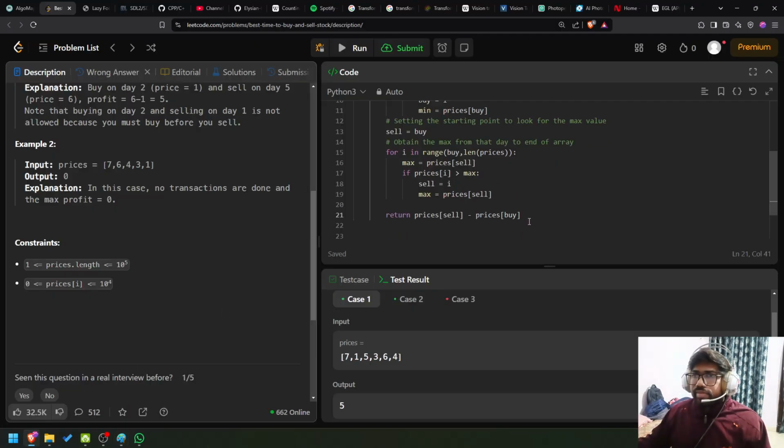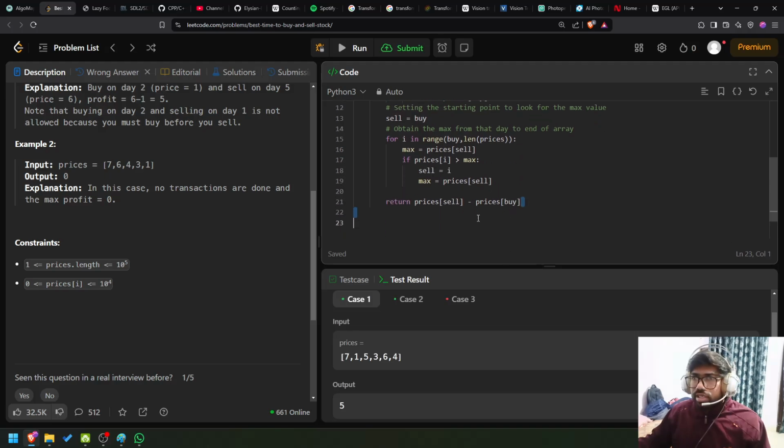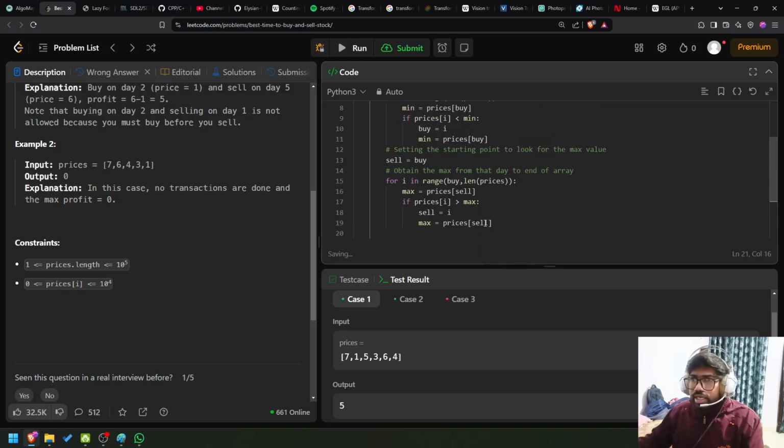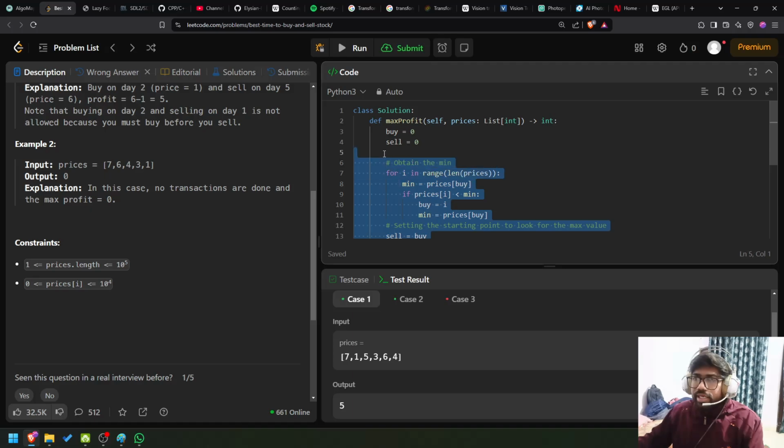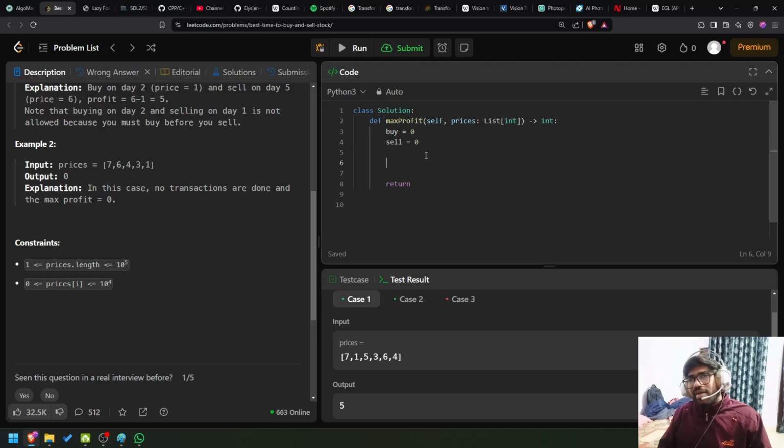So let me implement the solution real quick. We'll have i and j. Okay, I think buy and sell just complicates things, but okay.